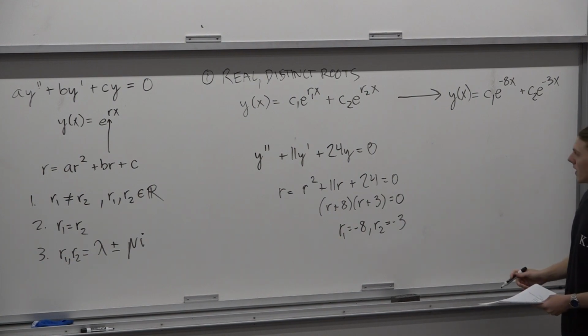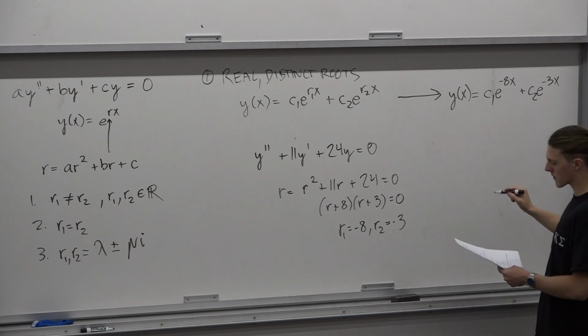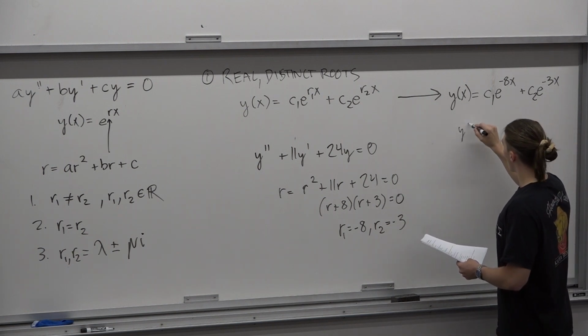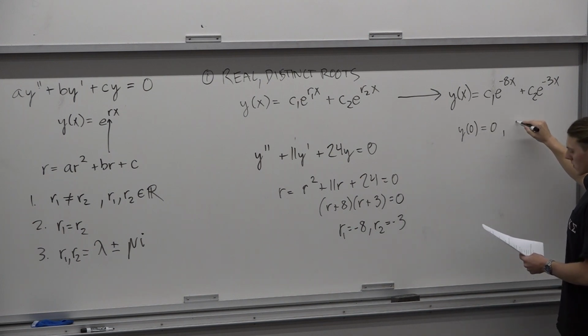Now, if it's an initial value problem, there's one more thing that you weren't doing on the last exam. If we have some initial condition, y of 0 equals 0, then we're also going to have an initial condition y prime of 0.